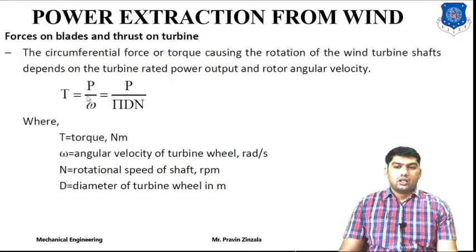Torque means power divided by angular velocity, power divided by pi d n. The omega is equal to the angular velocity of the wind turbine in radian per second, n is equal to the rotation speed of the shaft, and d is equal to the diameter of the wind turbine.